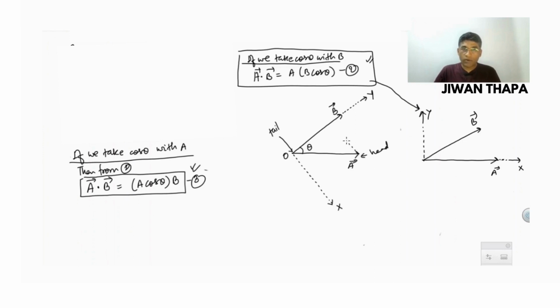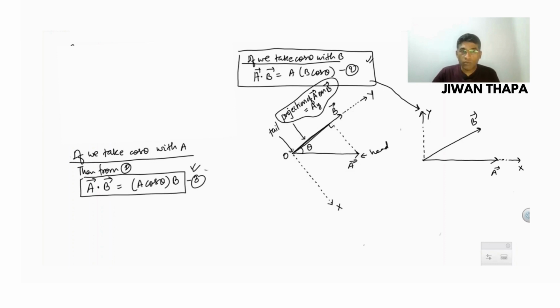Now let us drop a perpendicular from the head of vector A on vector B. So this length gives the projection of vector A on vector B, and this projection represents the y component of vector A, clear?